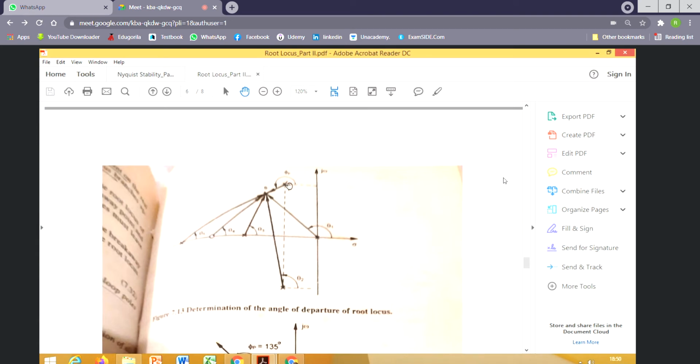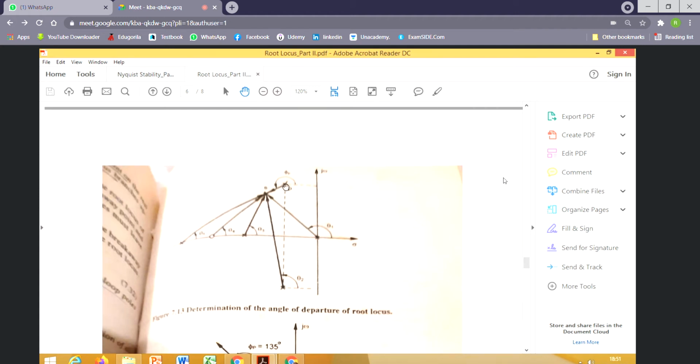But that is not the case for complex open loop poles or open loop zeros. From this particular open loop pole, the root branch can originate like this. Just follow the cursor. The root branch can originate like this. And obviously, the root branch which will originate from this conjugate pair will be symmetrical.